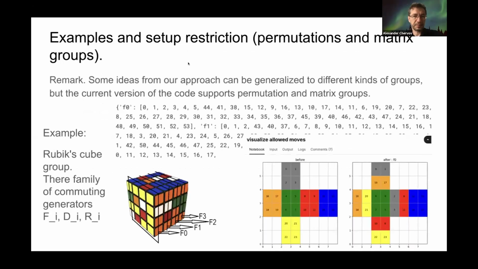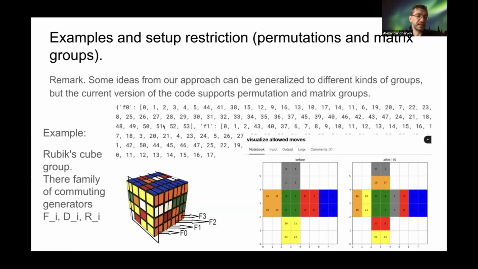Now an example and some restrictions for the setup. Part of the ideas which we describe below can be applied to general groups, but we are now restricted to the case of permutation groups and matrix groups. For example, let us consider the Rubik's group. The generators are given just by explicit permutations.